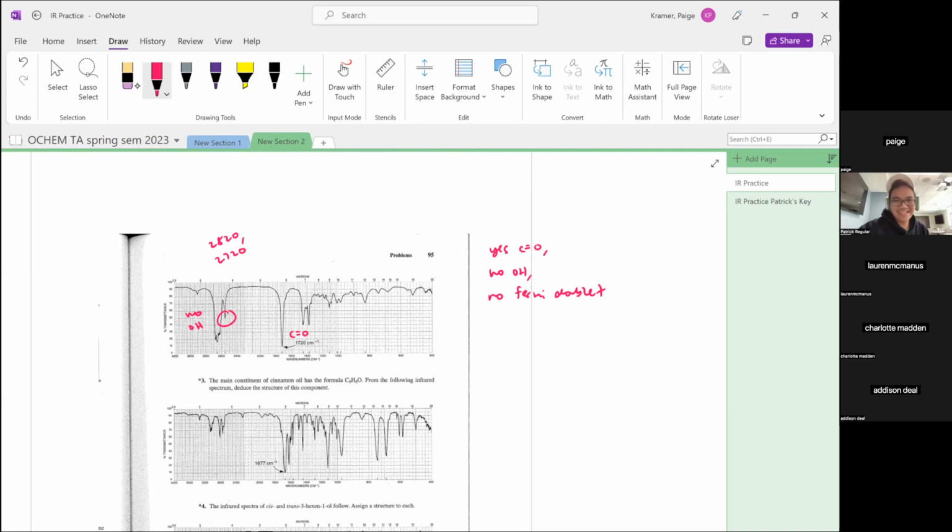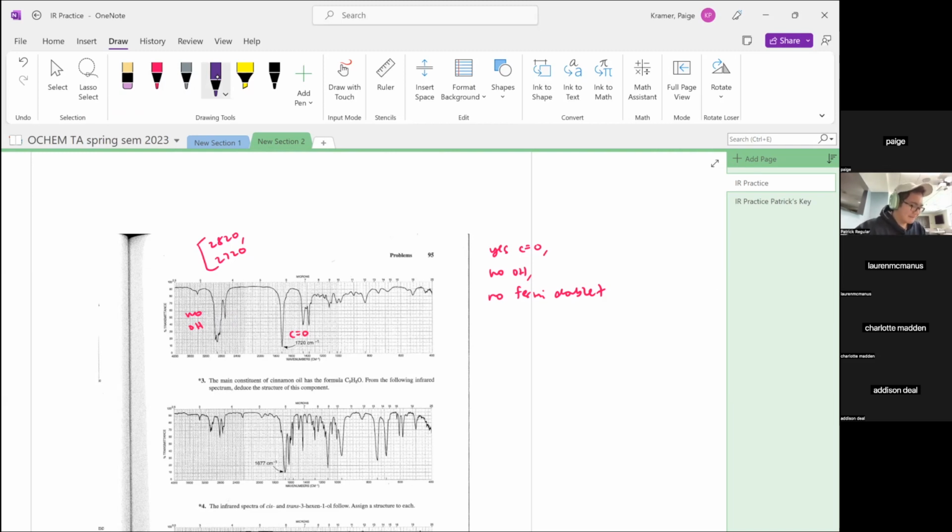He wouldn't give you a spec that dirty. For the Fermi doublet, you really do want to look for clear peaks. I've been getting the question a lot of how far out of range from 720 it can be, and I know it gets a little subjective. This is also low resolution. The test will have pretty clear peaks.